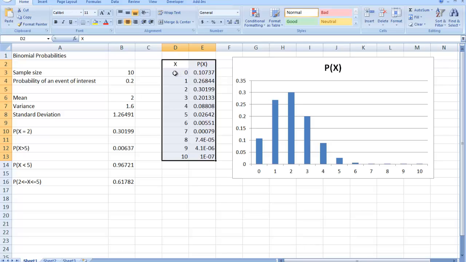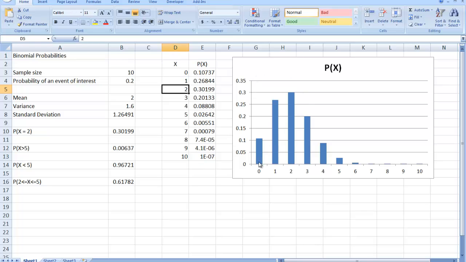Probability of the event of interest occurring 0 times is 0.10737. The probability that it occurs 1 time is 0.26844. Probability that it equals 2 is 0.30199, all the way up to 10, which is virtually 0.